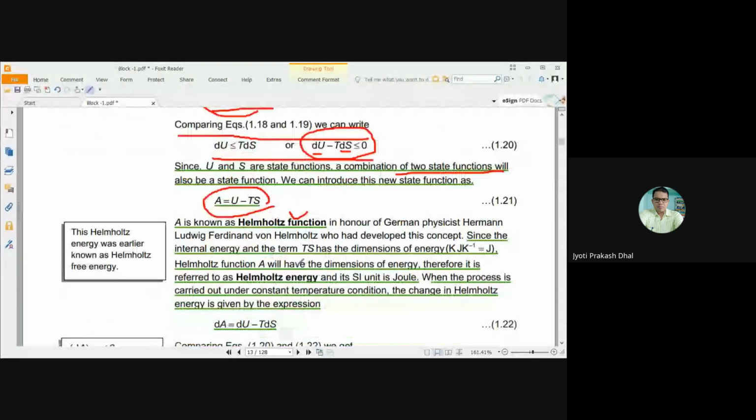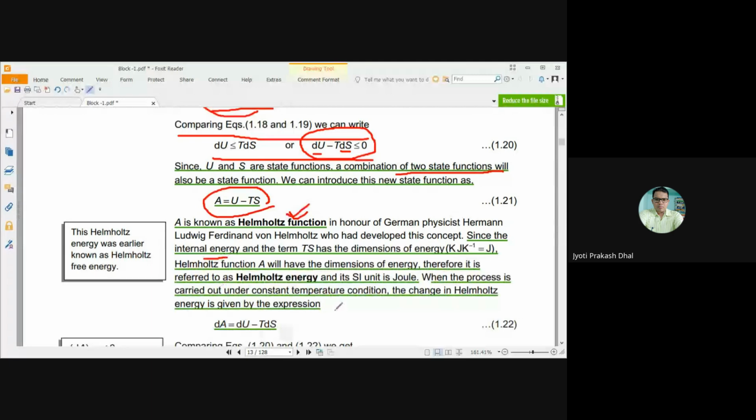So if we find out the unit of the Helmholtz function A, since the unit of internal energy and the term TS are of the same dimension, the unit of T is Kelvin and the unit of S is joule per Kelvin, and hence the unit of TS will be joule and the unit of internal energy will be joule, and hence the unit of the Helmholtz function will also be joule.